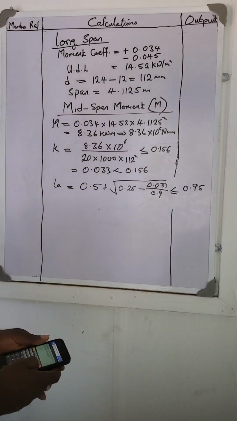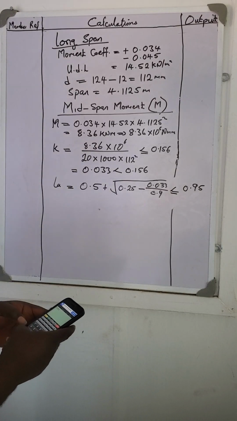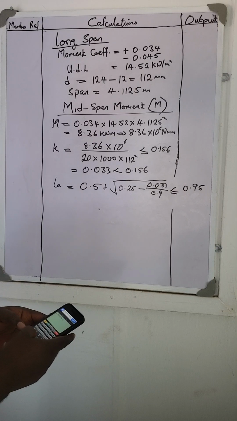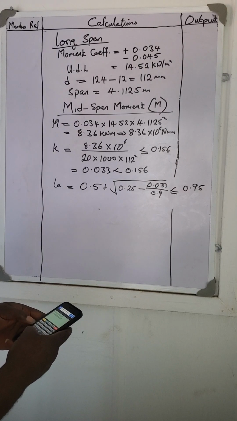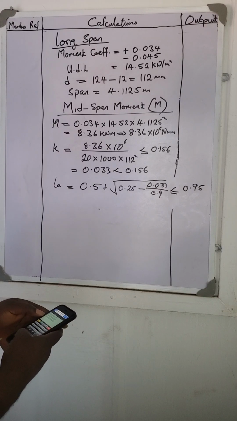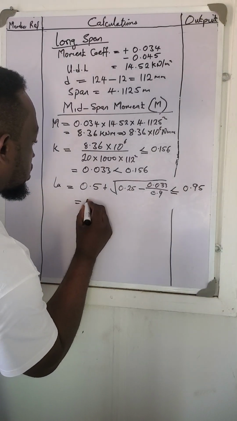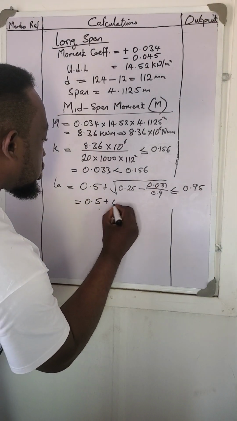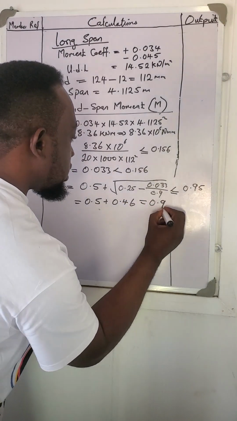So you have 0.25 minus 0.033 divided by 0.9, the square root of this answer is 0.46. Then 0.5 plus 0.46 equals 0.96.